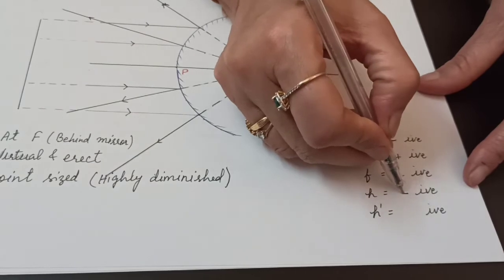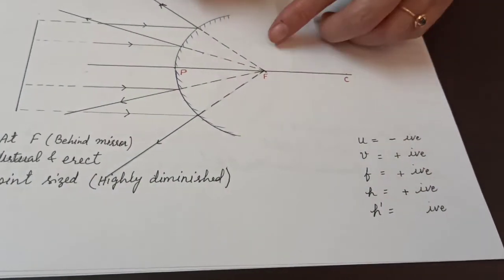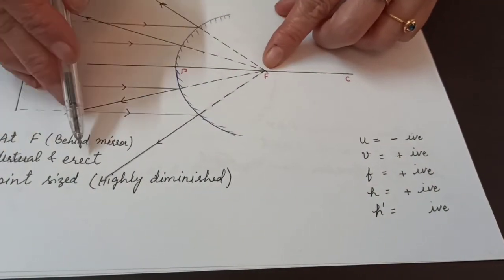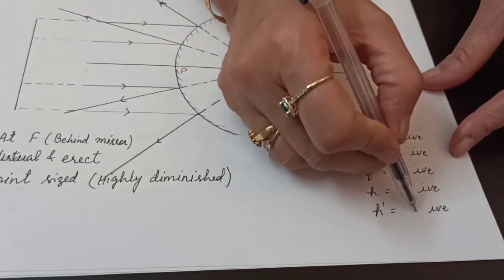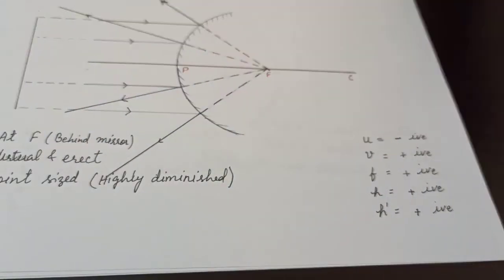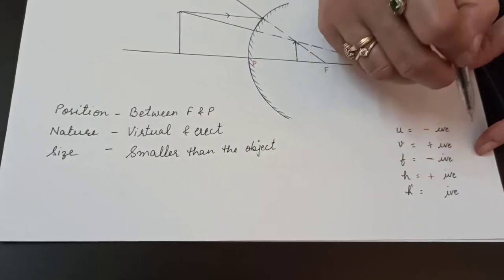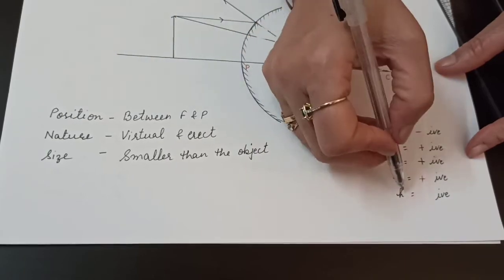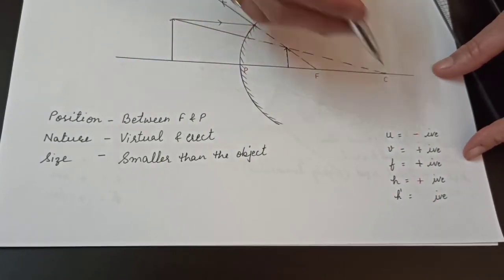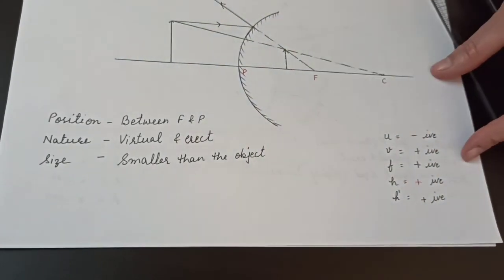H is always positive. H dash, because this is virtual and erect, so this would also be positive. Focus of a concave mirror, focal length is always positive and it is above the principal axis, so it is also positive.